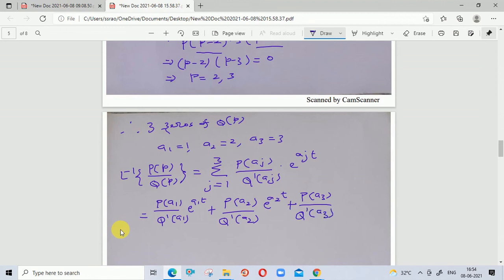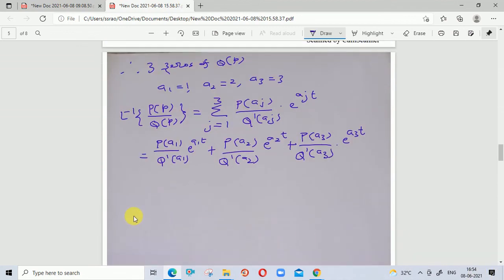So here P of A1, that is P of 1 divided by Q dash of 1, e power 1 into t, that is e power t, plus P of A2, that is P of 2 divided by Q dash of 2, e power 2t, plus P of A3, that is P of 3 divided by Q dash of 3, e power 3t.